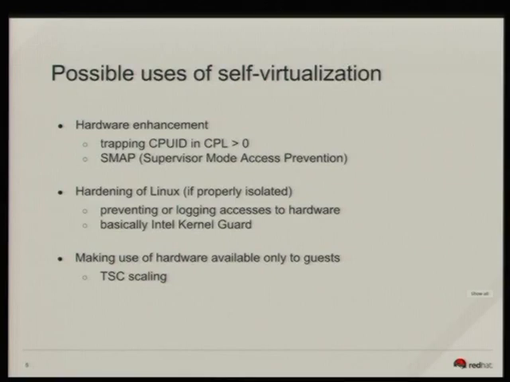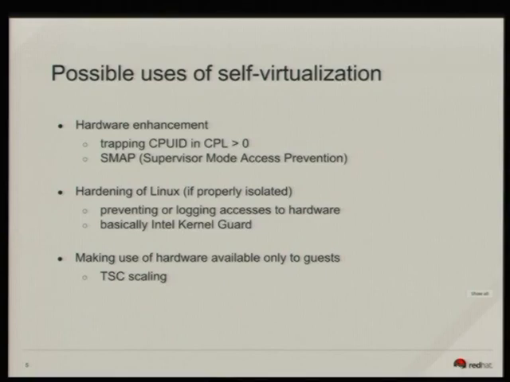Now we are maybe asking what it's good for. Well, the main reason I brought this was to show you how the VMX extensions work, so we would have a better understanding of virtualization and its possible pitfalls. But we can also do it for hardware enhancement, because a guest usually doesn't have access to all the hardware that the host has. On the other hand, we can also emulate some hardware in the host or hypervisor.